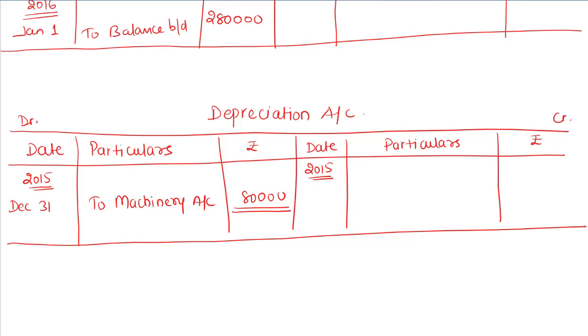And over here this 80,000 will be transferred to profit and loss account on the same date, December 31, by profit and loss account 80,000. I believe you understood this.